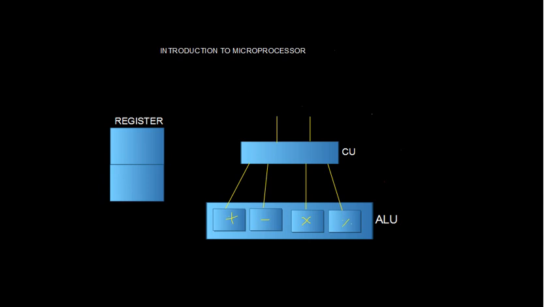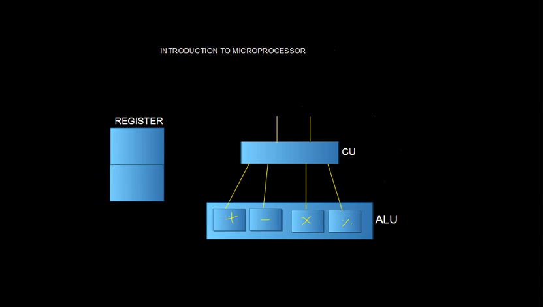These are the logic circuits which are designed with the logic gates. We know very well about these logic circuits in digital electronics. These are designed with logic gates, AND gate, NOR gate, like that. For better understanding, I am taking here just four logic circuits in the ALU. That means this ALU can perform addition, subtraction, multiplication and division operations only.